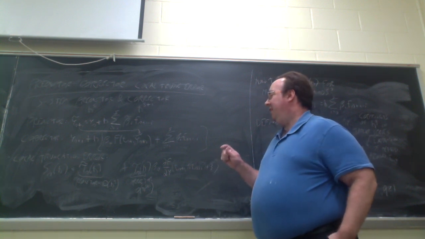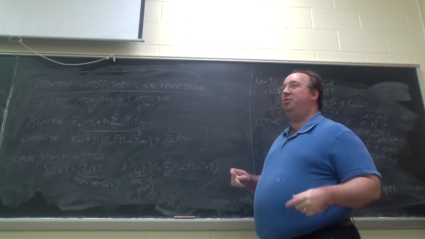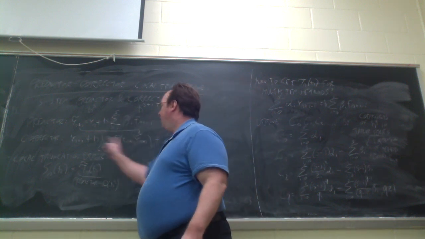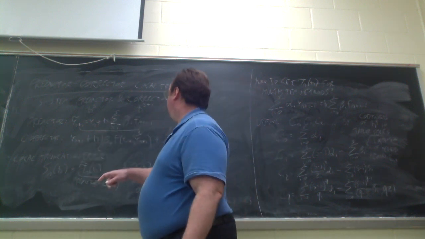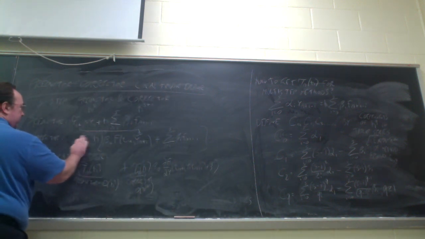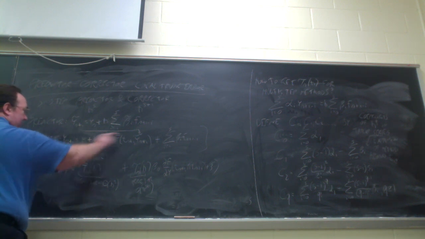But here's something you can do though. This predictor corrector assumes that you take your prediction, plug it into here, compute this. Oops, that should be, sorry, yn plus 1 is equal to yn plus all this.